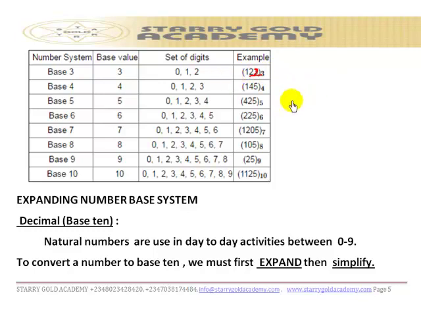So it's 1, 2, 2 base 3, because it is not possible to have a digit equal to or greater than the base in the figures. Which means that when a number is in base 3, for example, the highest digit you have is 2. The digits can't go beyond 2. In base 4, the highest digit has to be 3, so you can't have 4.